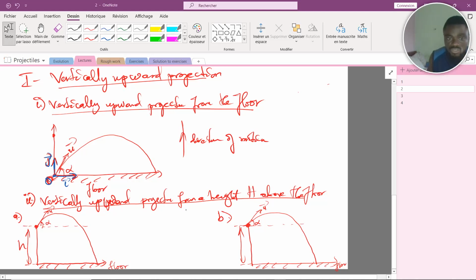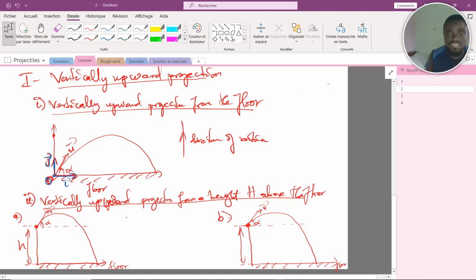If you are in such a situation in an exercise where the particle is projected vertically upward from a height h above the floor, the advice I'll always give you, if no information is given on the point you should take as origin of reference, always take the point where the particle starts the motion as the origin of reference.